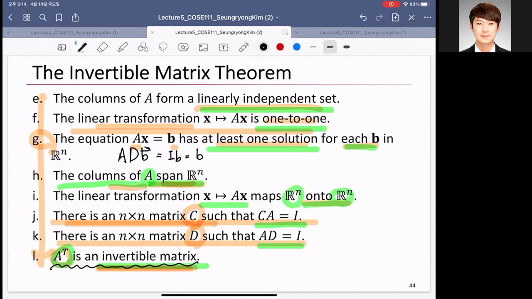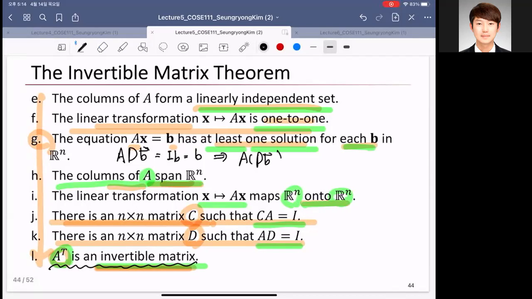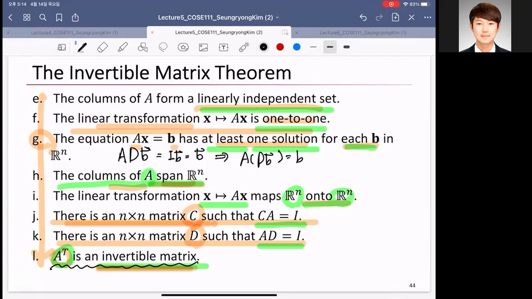Then this one is going to be A times A inverse b, which is b. Then in this case, x is A inverse b. So we already know A inverse is the inverse of matrix A, right?